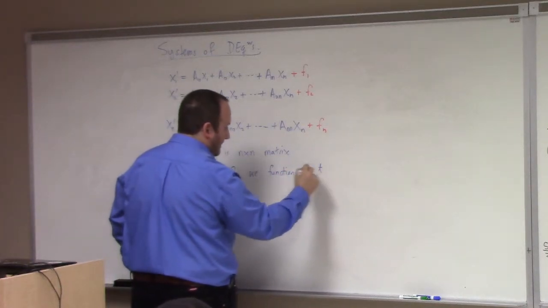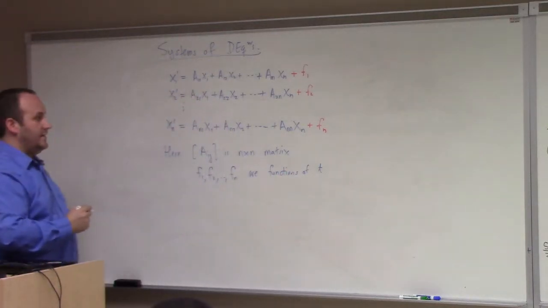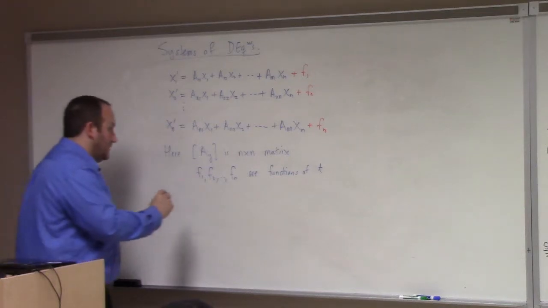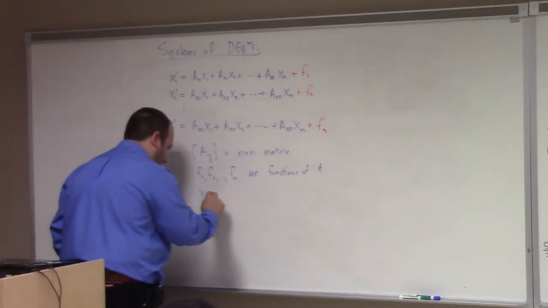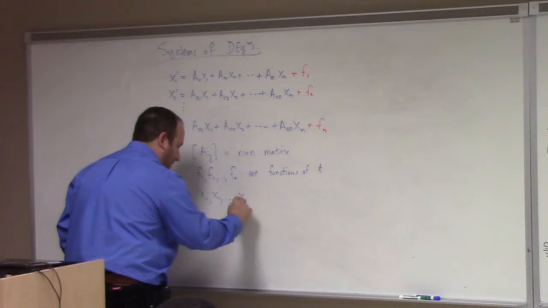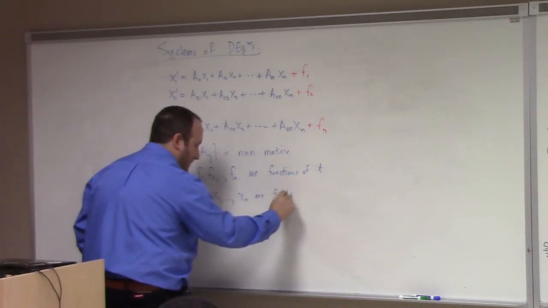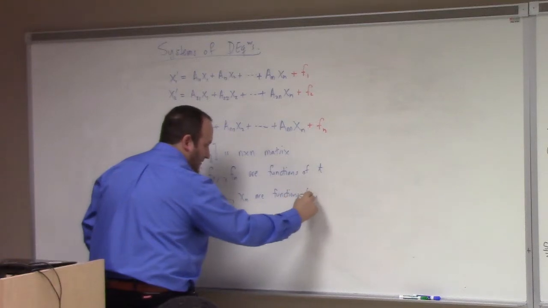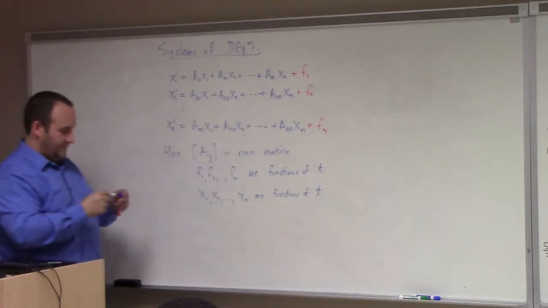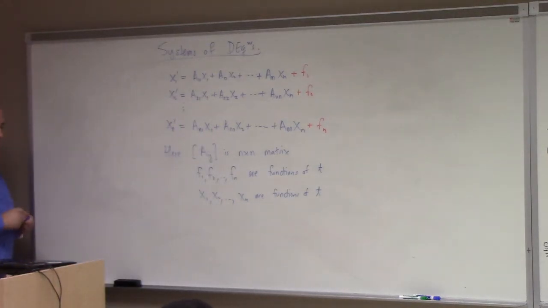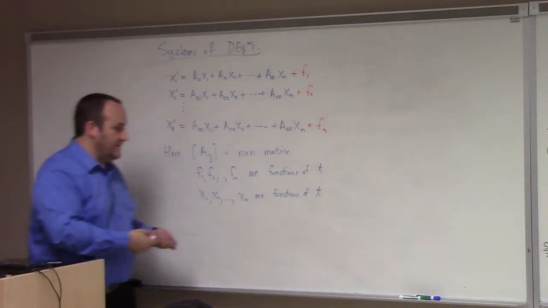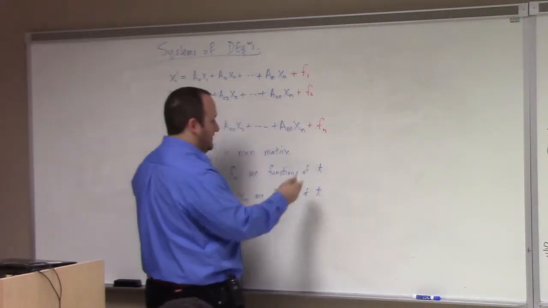of time, right? And these x1, x2, xn are also going to be functions of t. But there's a big difference between the x1 through xn versus the f1 through fn.